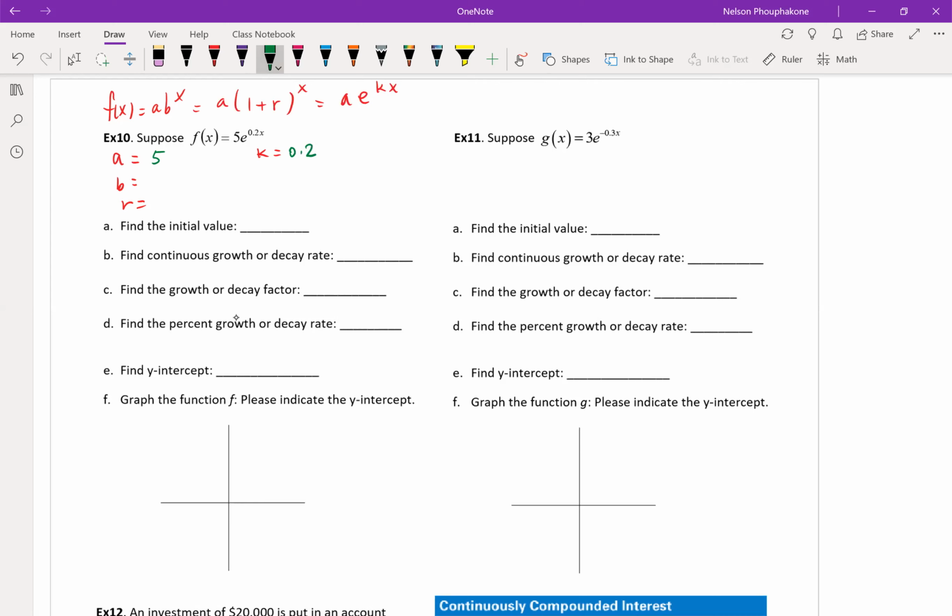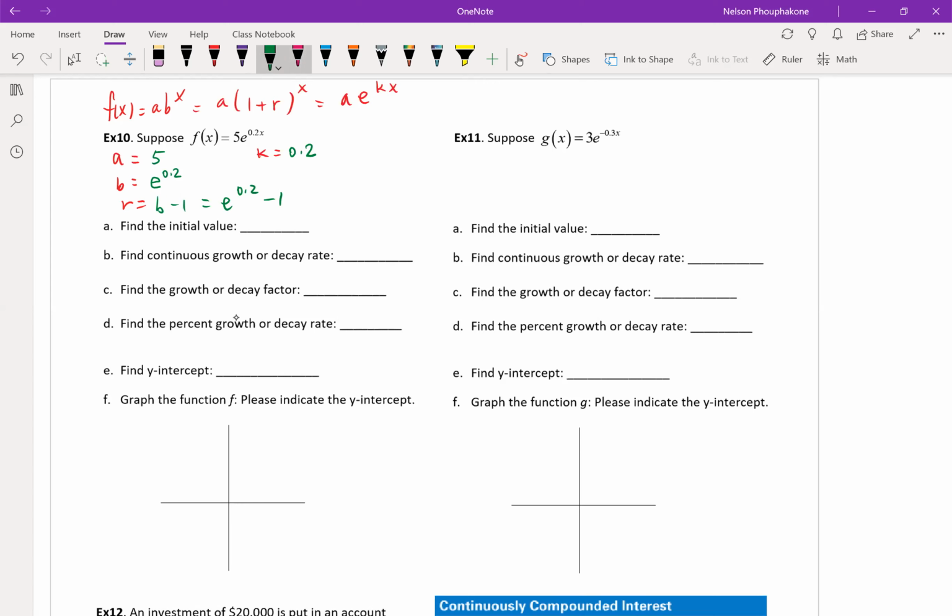Then, what is b? b is e to the 0.2. And what is r? r will be b minus 1, so it will be e to the 0.2 minus 1.